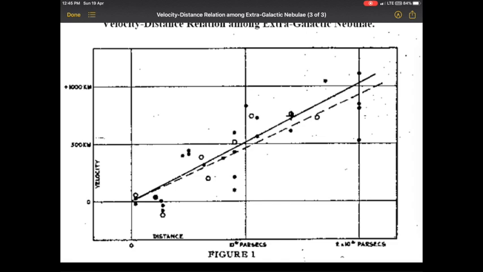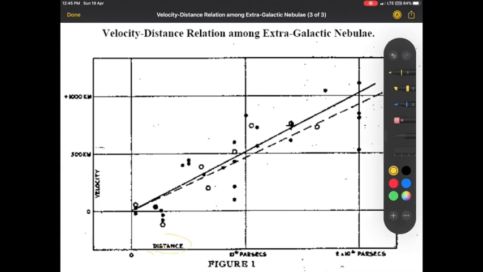In the plot, the resolution is not very good, but you can see distance over here, and you can see velocity over here. These are in kilometer units, and these are in parsec units. So there is 10 to the 6 parsecs. So these are basically megaparsec units. So it's 0 megaparsec, 1 megaparsec. He could go up to 2 megaparsec.